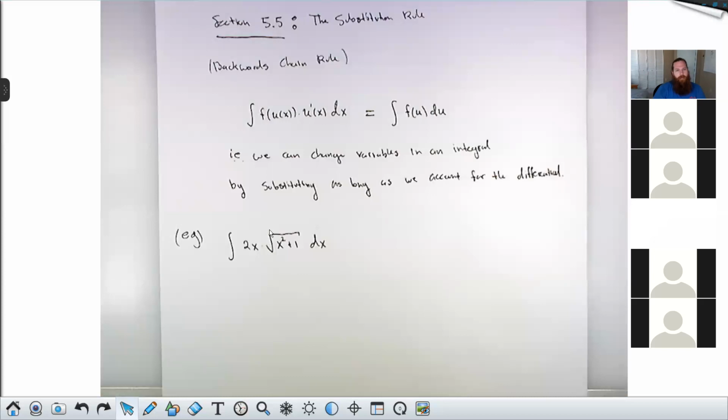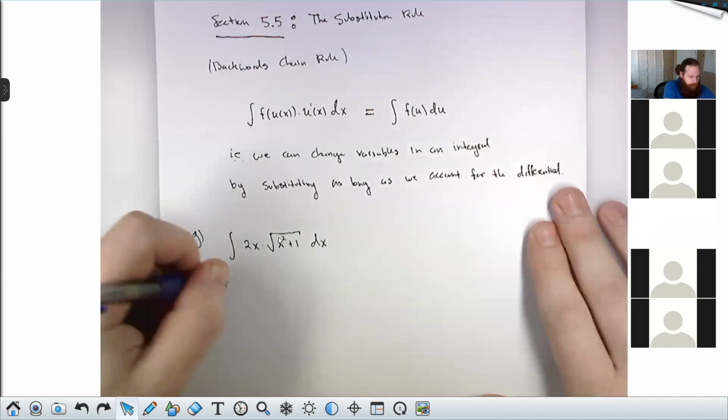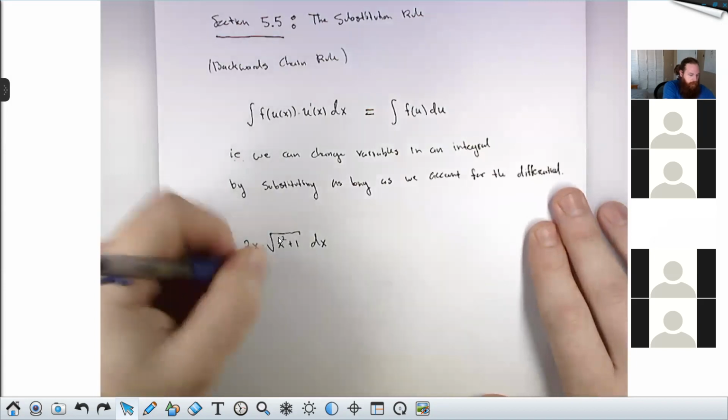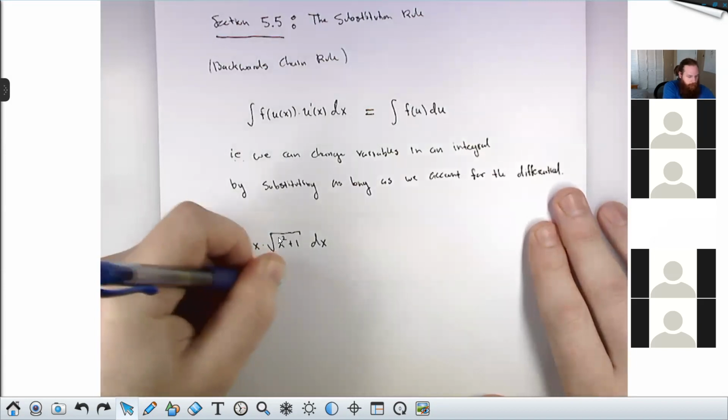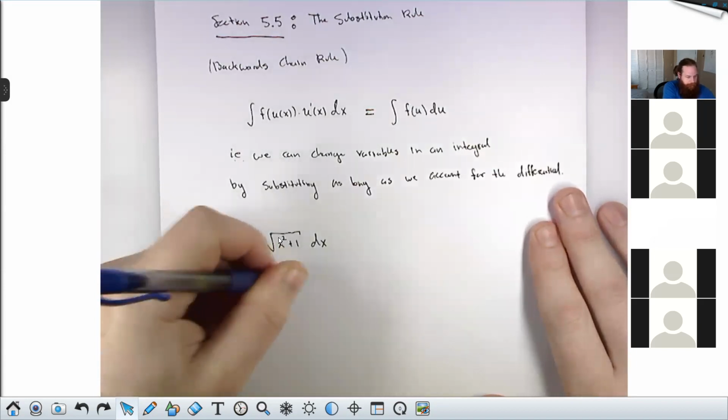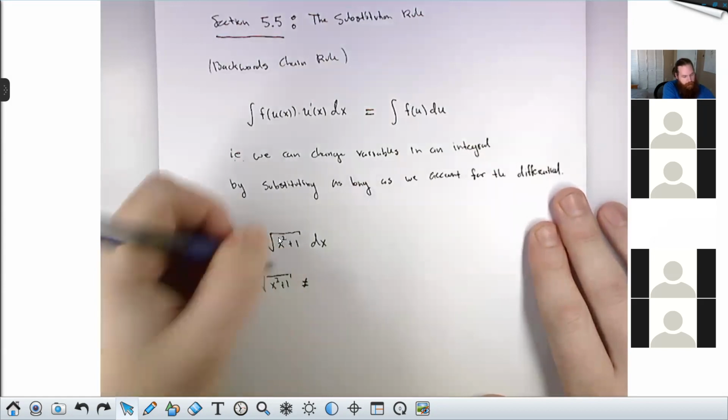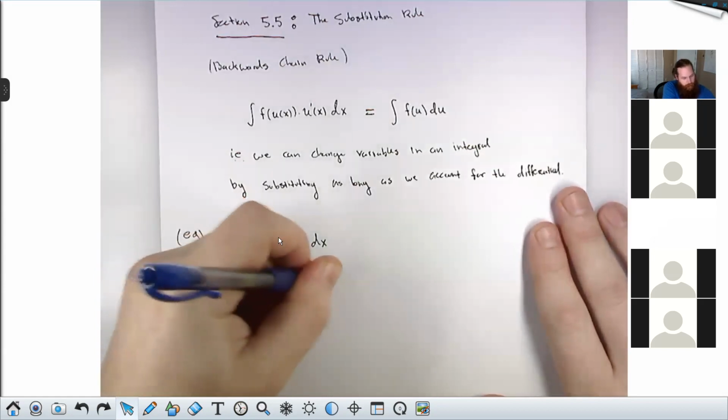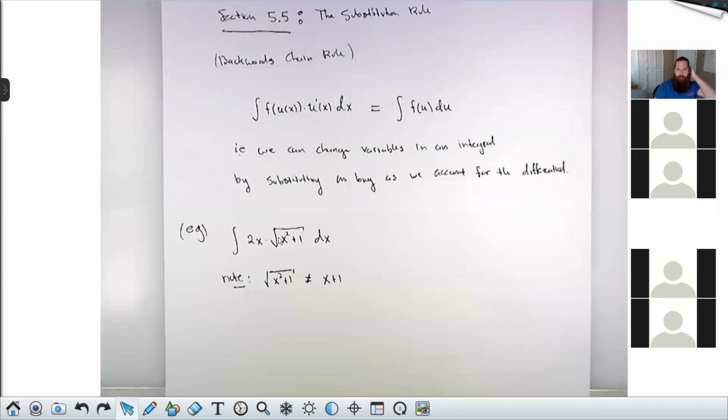First, observe that because the square root is like a grouping symbol, I can't distribute the square root over this. The square root of x squared plus 1 is not equal to x plus 1. We can't do that. That's something that people often want to do when they see this.